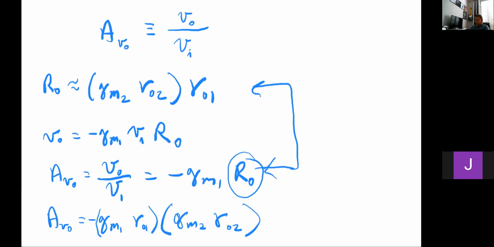Now with this Cascode, if I say, which is not unreasonable, that I'm just going to make the transistors the same, and let's just call that gm, and if I make them the same, then RO1 is equal to RO2 equal to RO, okay?